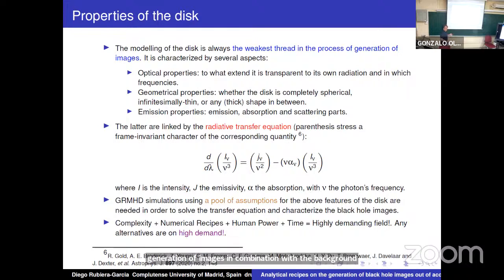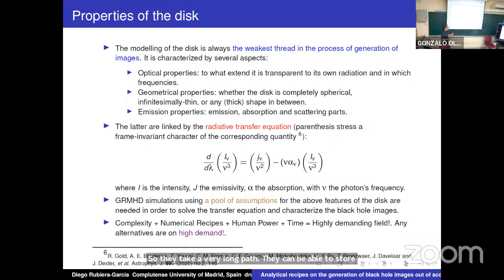So I said there are three main ingredients for the generation of images. Optical properties, basically whether the disk is transparent to its radiation or not. Transparent means after how much distance the photon emitted by the disk is going to be reabsorbed by the disk or not. This is important because strongly lensed trajectories tend to travel several times around the black hole, so they take a very long path, and they can be reabsorbed by the disk if the optical depth is too small.